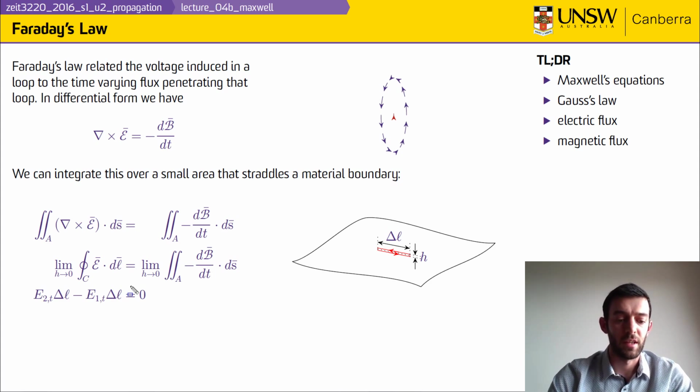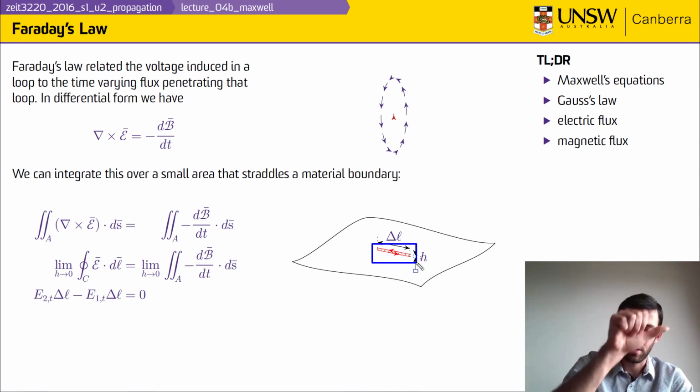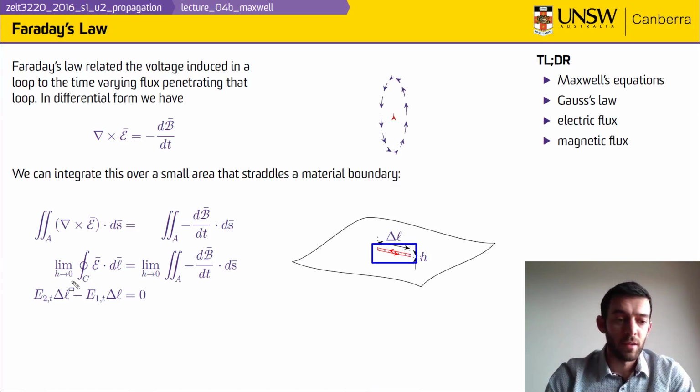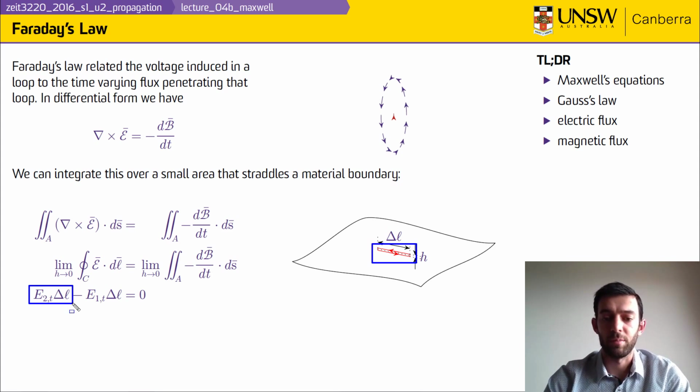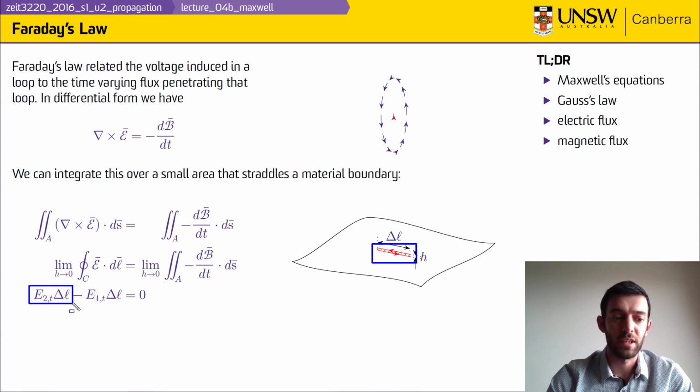From there we discover that because of the different directions of our loop, because it was going around, the E2 tangential component will pick up a positive delta L, and the E1 tangential component will pick up a negative delta L, depending on which side you choose to denote as positive.